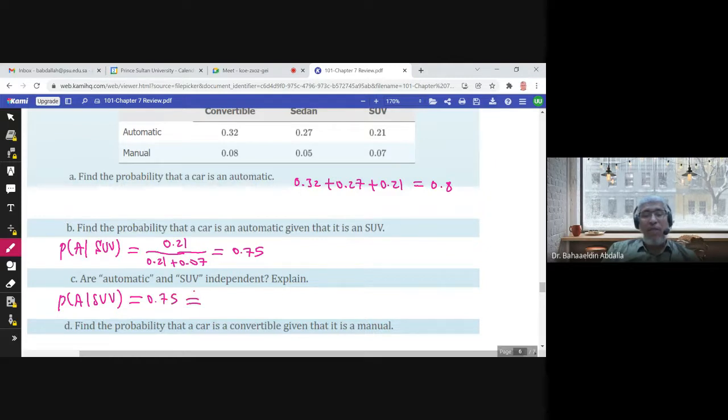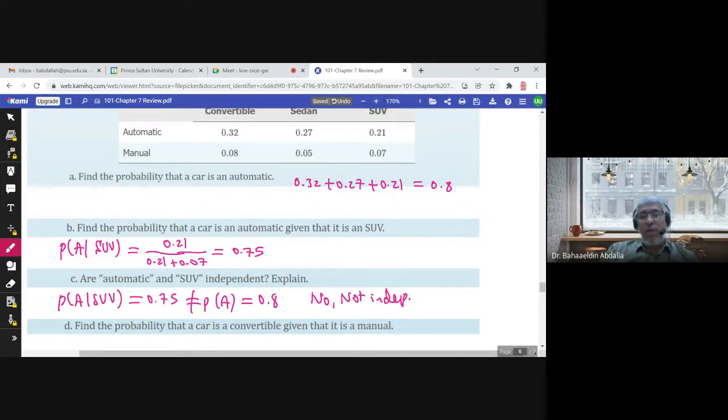And this does not equal probability of A, because we found that probability of A in the first part is 0.8. And for A and SUV to be independent, probability of A given SUV has to be equal to probability of A. That's one of the definitions of independence. So the answer is no, not independent.